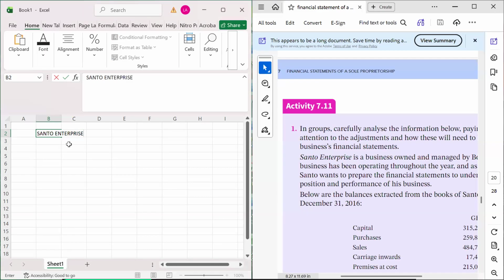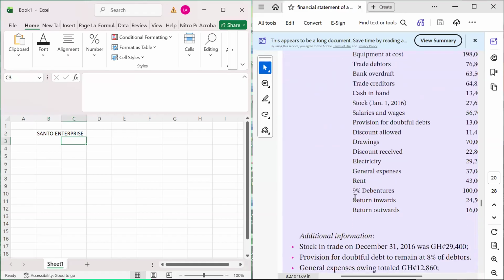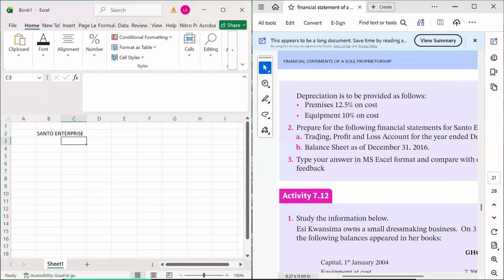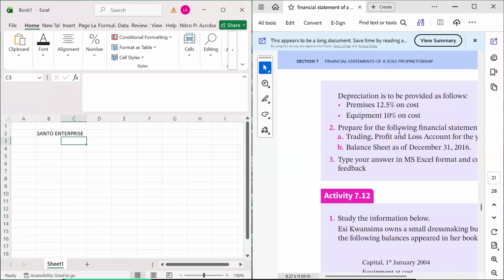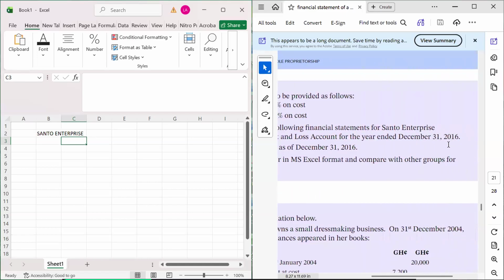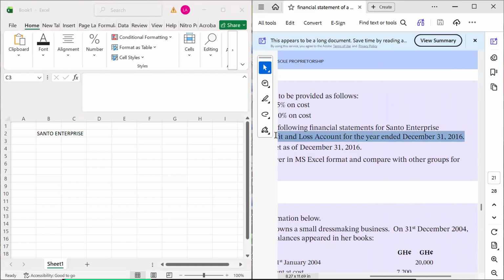If you don't put this, you lose a mark. So you put Santo Enterprise, then you come and see the requirement. What is it requiring? It says, prepare the following financial statement for Santo Enterprise. A, trading profit and loss account for the year ended 31st December. If you can't know anything at all, you can copy this one as it is.